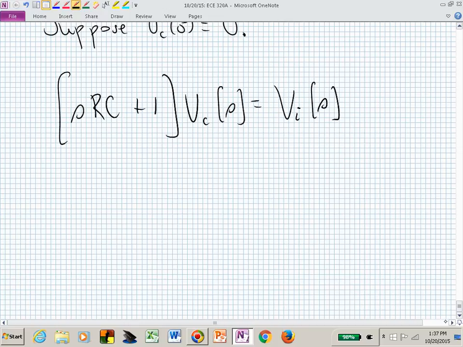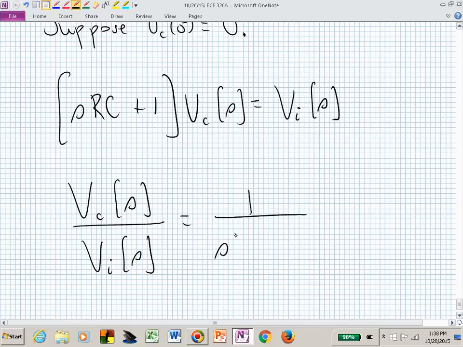And now what we will do in the future is we want a transfer function. We maybe haven't talked about a transfer function yet. Maybe we have. But now we take the output, which was our capacitor voltage, the Laplace transform of that, and put that over the Laplace transform of our input, and now that gives us 1 over sRC plus 1. I've just done some algebra, that's all.